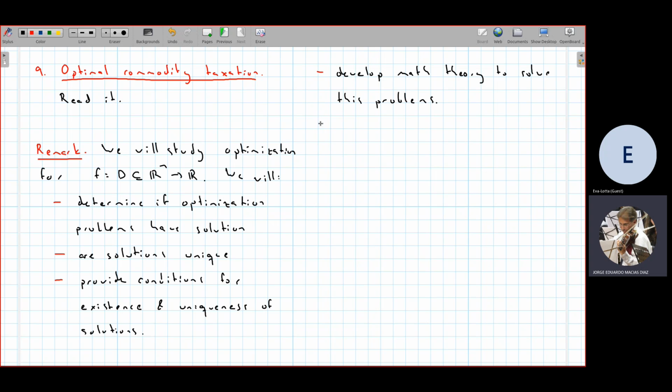So about the roadmap of this course. The first thing I would like to do is to consider the case of unconstrained optimization. So that's optimization problems, maximization, minimization without constraints.